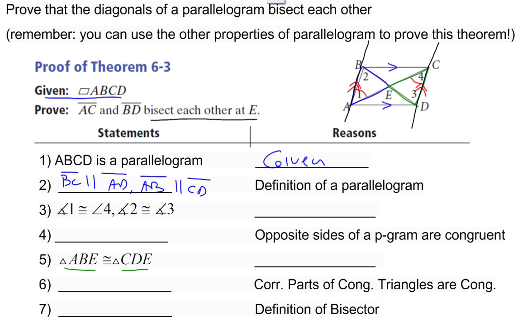What is my transversal? AC is my transversal, which means that angle 1 and 4 are congruent because they are alternate interior angles. And using the same parallel lines, BA and CD, but using BD as my transversal, you can see that angle 2 and angle 3 are congruent to each other.